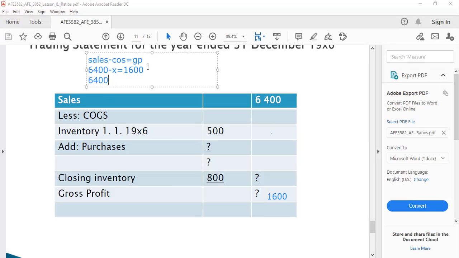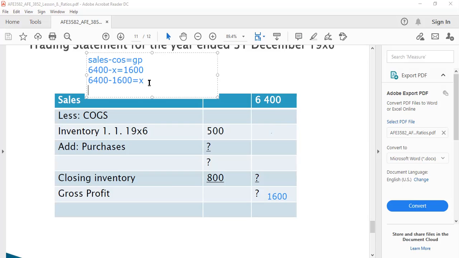Because the 1600 is positive, once it crosses the equal sign it becomes negative 1600, equals X. So 6400 minus 1600 will give us our cost of sales amount, which is how much?